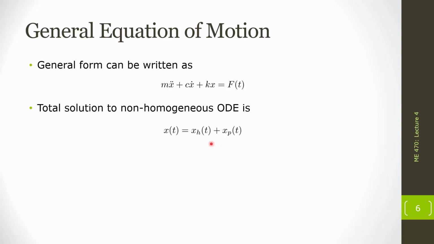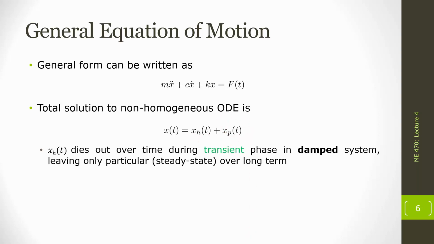So again, the homogeneous part we have already covered. The new thing we have to consider is the particular solution. The homogeneous solution is going to die out over time when we have a damped system. So given enough time, that whole x of h is going to go towards 0, and we'll be left with eventually just the particular solution, which is also going to be the steady state solution.